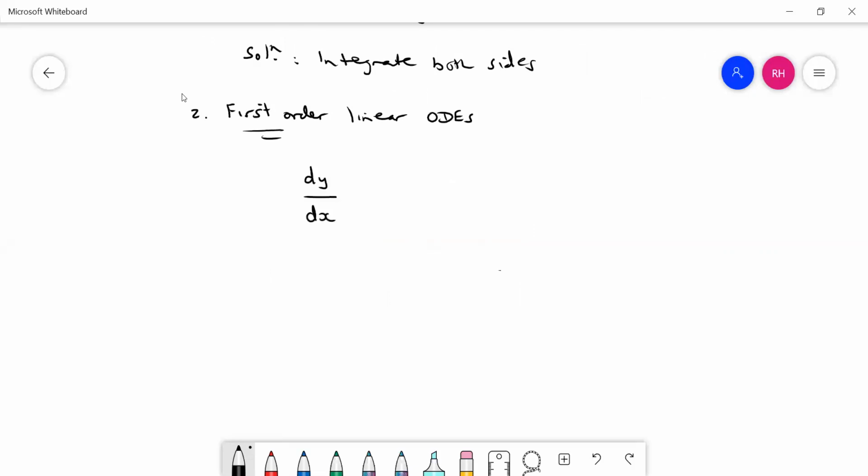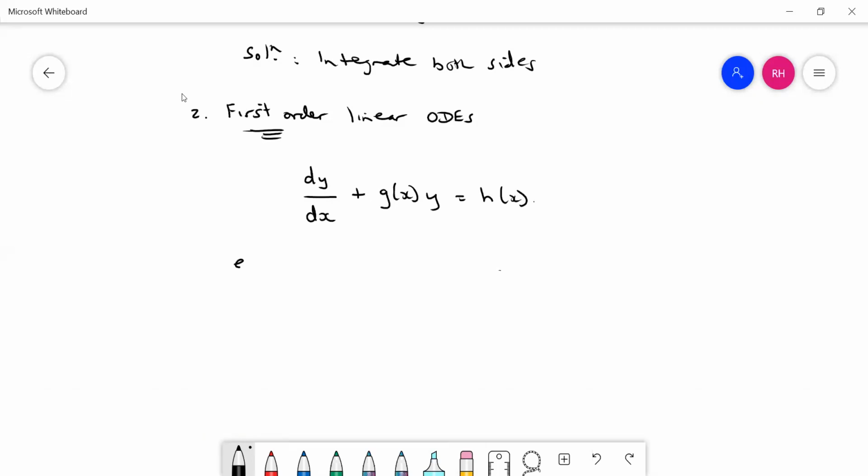The only derivative we're going to have is dy/dx. We can't have the second or third derivative because it's a first order linear differential equation. And then we're going to have some function of x times y. Maybe I shouldn't use f here because it'll confuse you with what I've written before. So let's make this g(x) equals h(x).